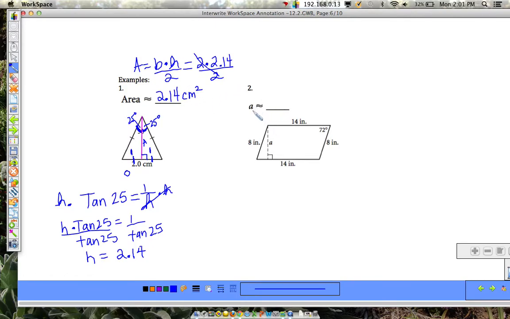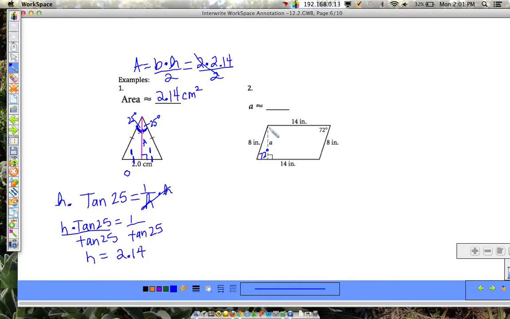All right, now they want us to find the height of A. So we know if we have a parallelogram, our opposite angles are congruent, and consecutive angles add up to 180 degrees.